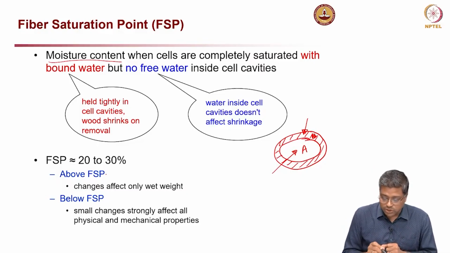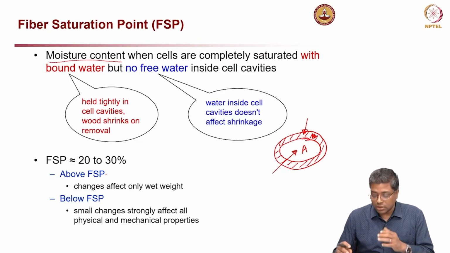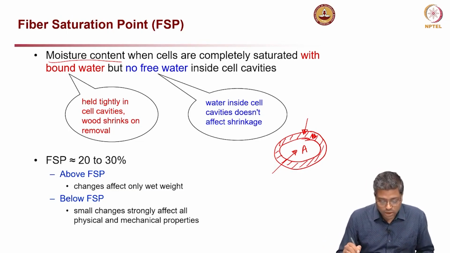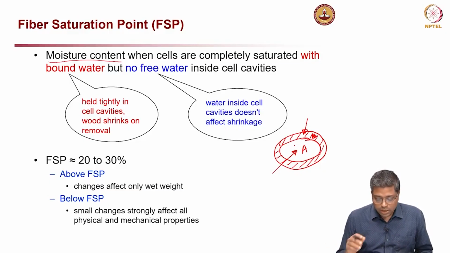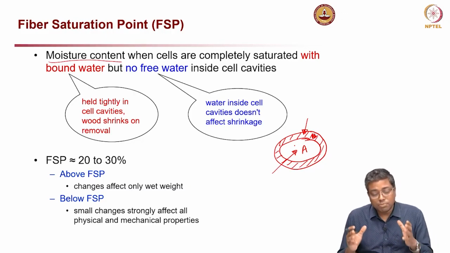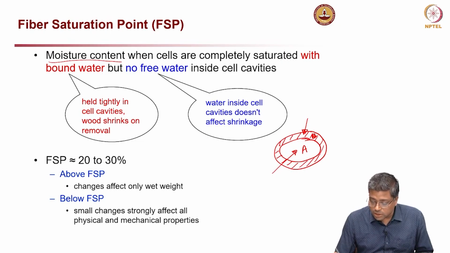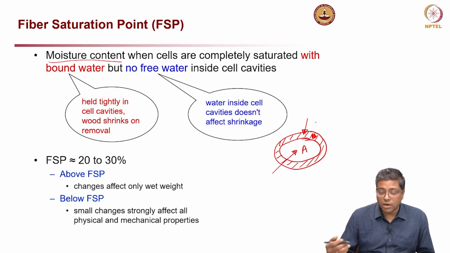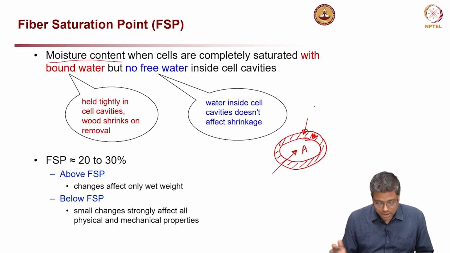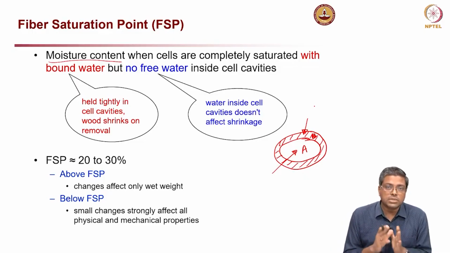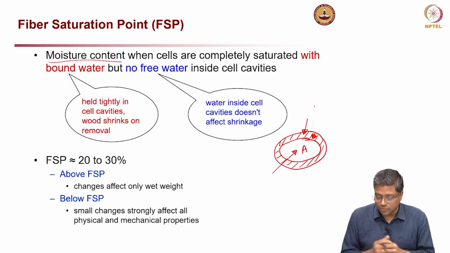So, above the FSP, if there is still water in the region A, it affects only the weight, and below FSP, you are now starting to take the water from the region B, and then the properties, like physical and mechanical properties, start getting affected.